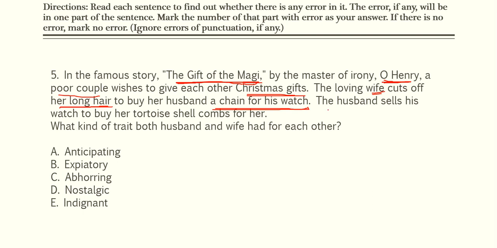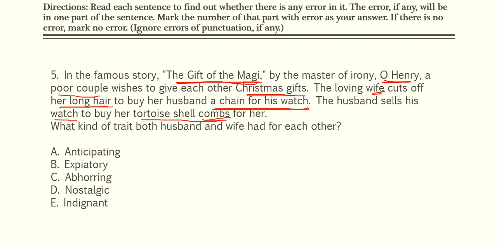And what did the husband do? The husband sells his watch. हस्बैंड ने क्या किया? हस्बैंड ने वो जो घड़ी था, घड़ी ही बेच दिया, क्योंकि उसको क्या खरीदना था? बीवी के लिए, वाइफ के लिए टॉर्टोइज शेल कोम्स। कोम्स मीन्स by which we comb our hair, right?